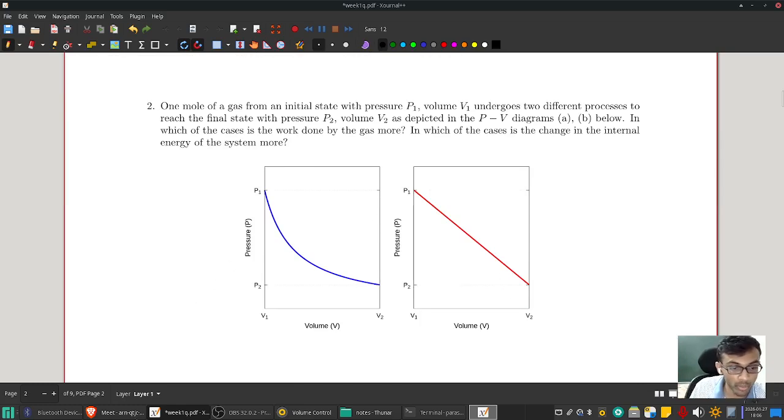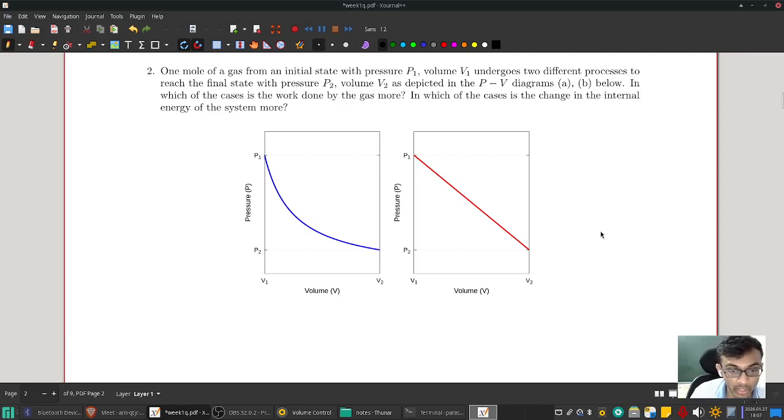Let's move on to the second question. In this question, there is a mole of gas which is undergoing two different processes between two states.